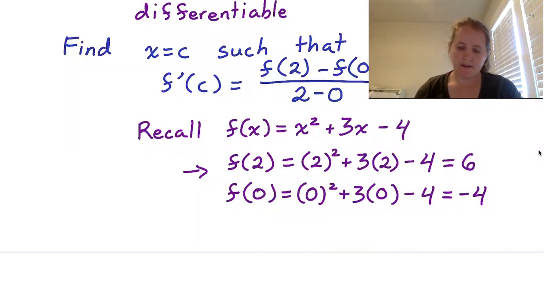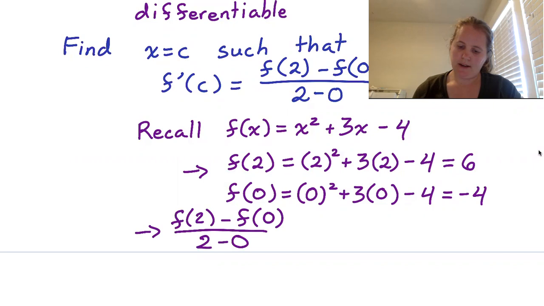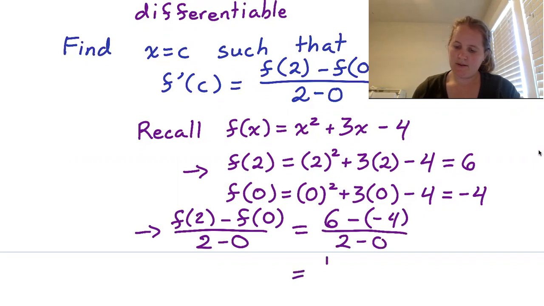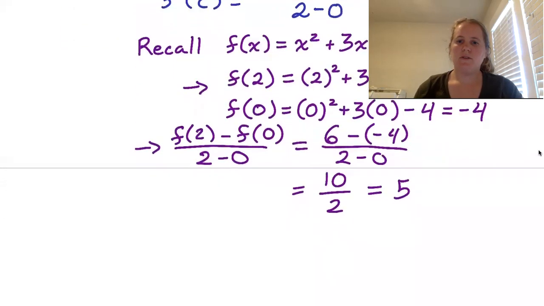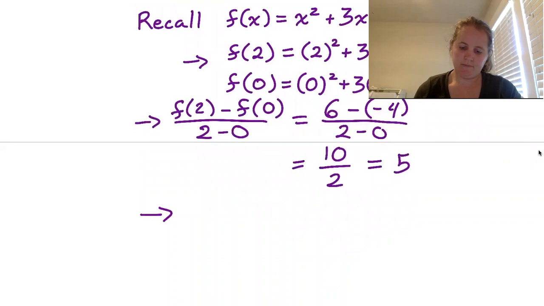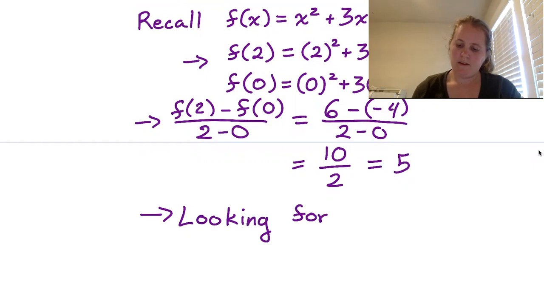So at this point, we can go ahead and find f of 2 minus f of 0 over 2 minus 0. So we have 6 minus negative 4 divided by 2 minus 0, or 10 over 2, otherwise known as 5. So we're looking for f prime of c equals 5.